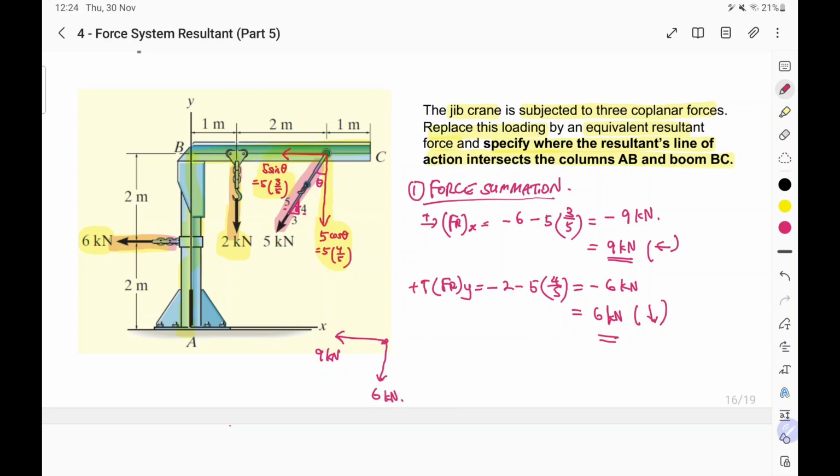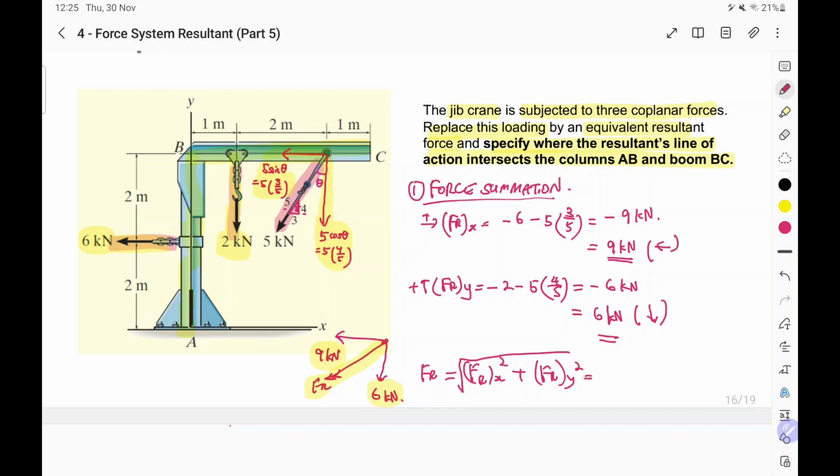So let's say the question asks you to calculate the resultant force of all these resultant forces. That means it wants to know what's the magnitude of the resultant force over here. So since we already know the magnitude of the resultant force in the x direction, and we know the magnitude of the resultant force in the y direction, to calculate this one is quite easy, whereby the magnitude of the resultant force is equivalent to the magnitude of the resultant force in the x direction squared plus the magnitude of the resultant force in the y direction squared, and then you square root everything quite conveniently.